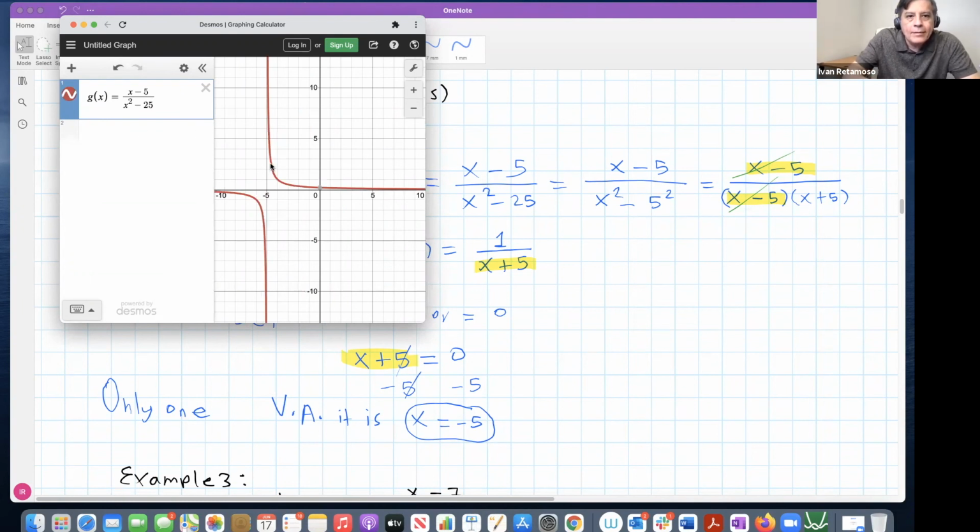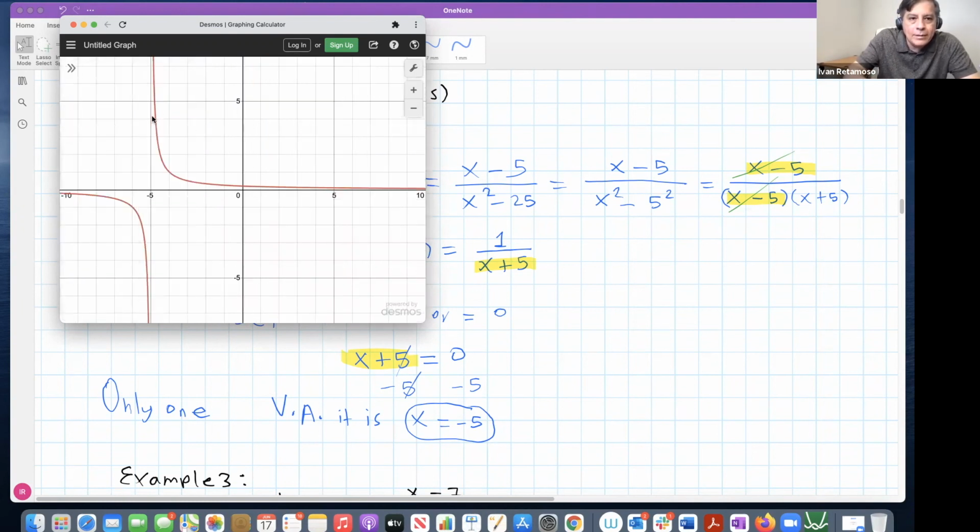You can see there is just one vertical asymptote, and it is located precisely at x equal minus 5, as you can see there. There are no two. If you set this equal to 0, you're going to get two vertical asymptotes. There's just one, and it's located at x equal minus 5, right there. Very good, very good. Okay, guys.